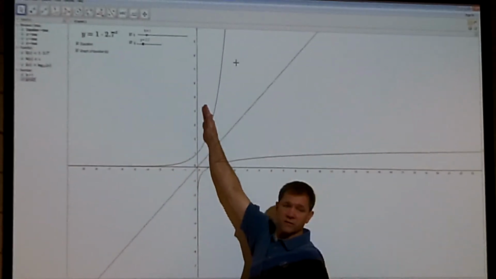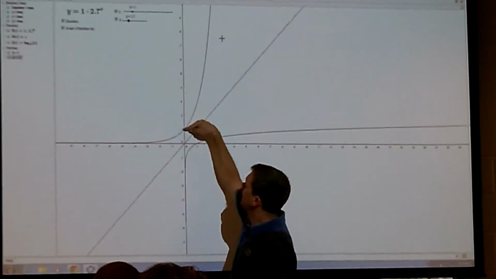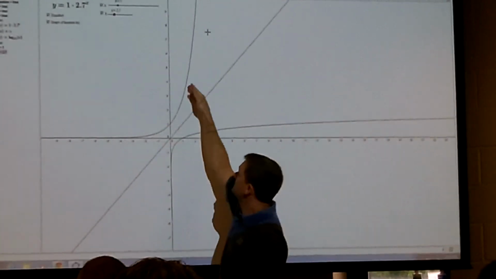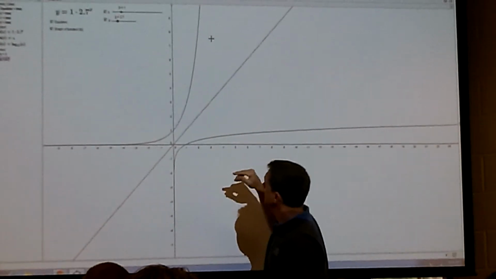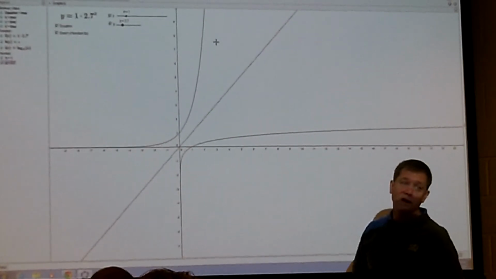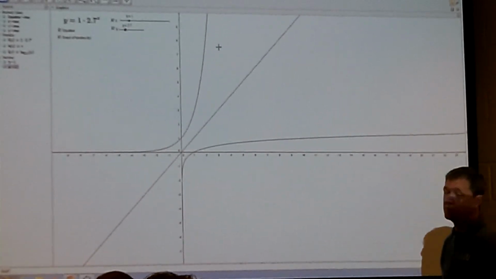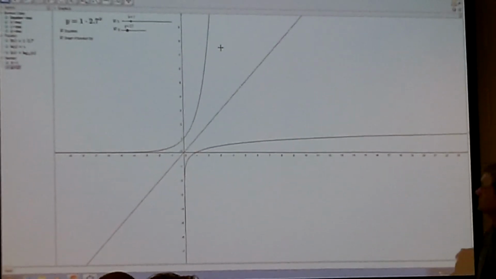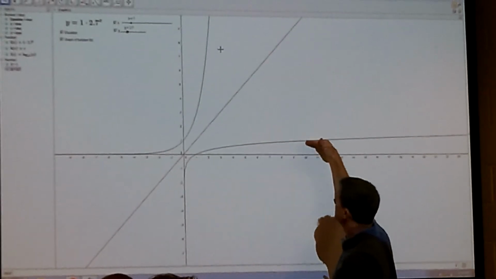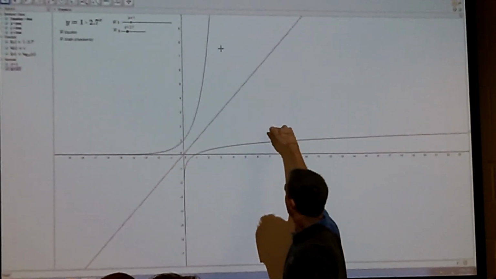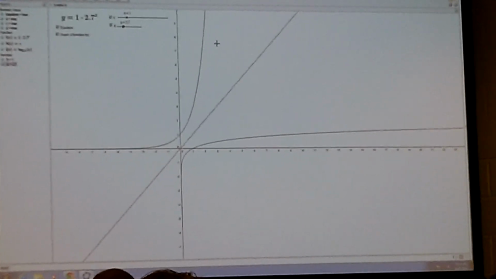Not as steep on there, but the initial value stayed the same. So if this is not as steep on the growth, what do you think about the natural log, if we were to do the natural log? It's going to become more steep over here.